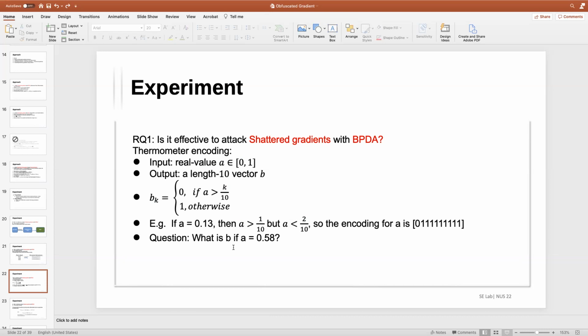Wait, sorry. So the question is: how can A be encoded when A is 0.58? You can think about it.